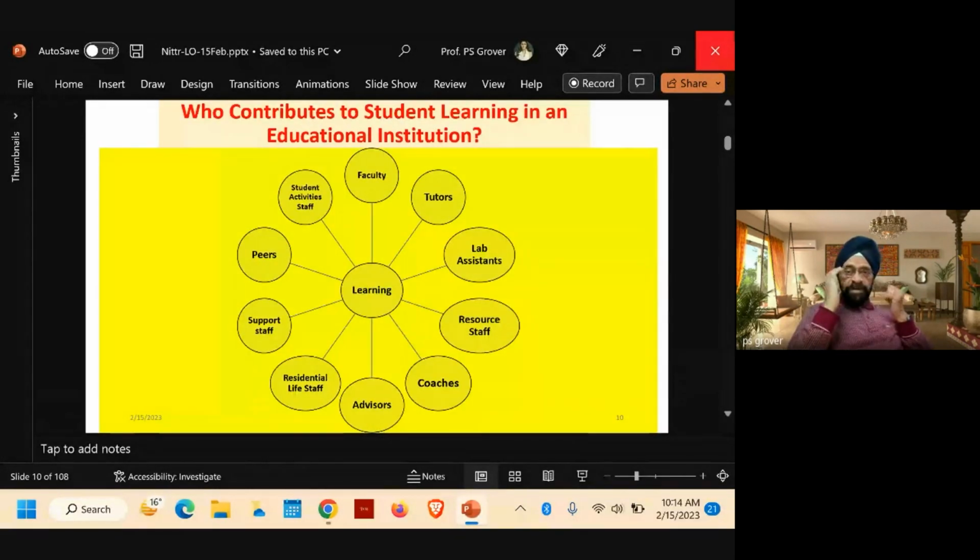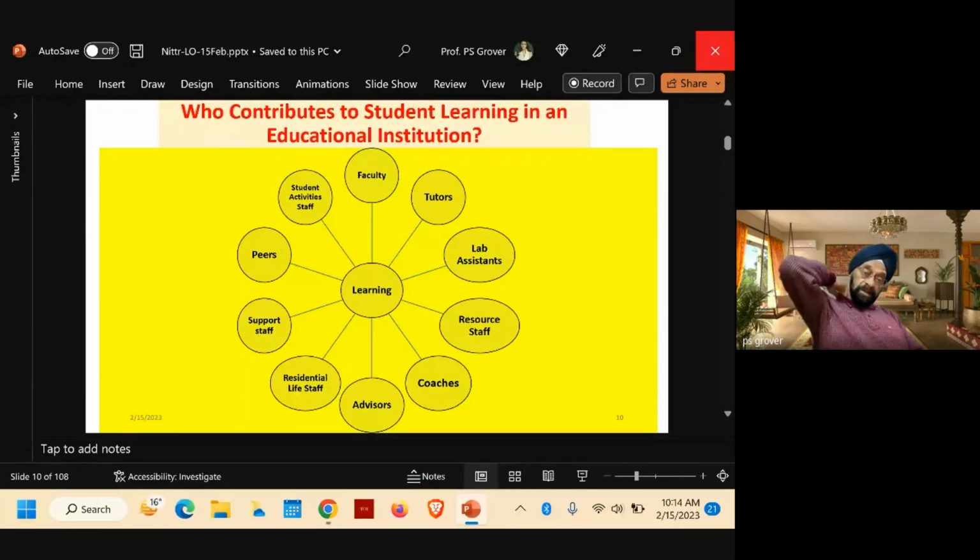Now, student learning is not only from the lectures. Student learning is not only self-study. Student learning is from the faculty, lectures, tutors, lab assistants, resource staff, coaches, advisors in residential life, if they are in a hostel, sports staff, peers, and student activities.